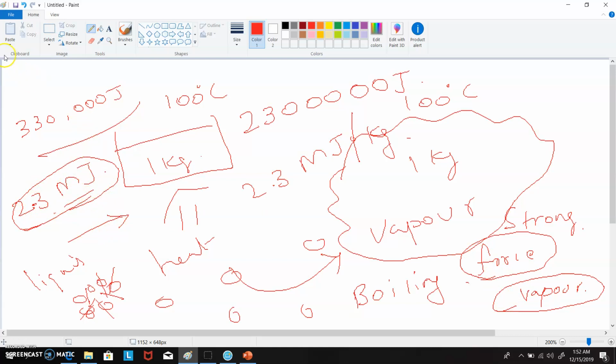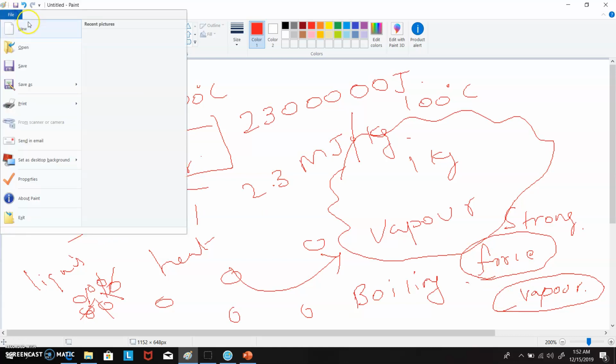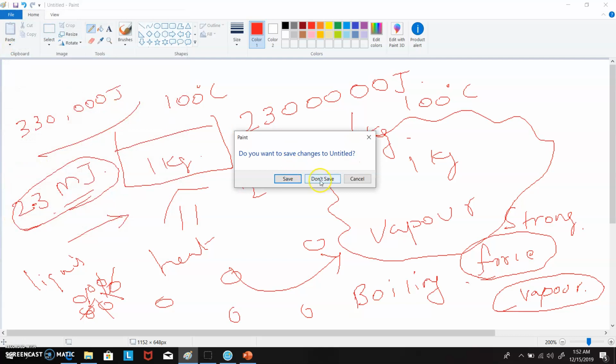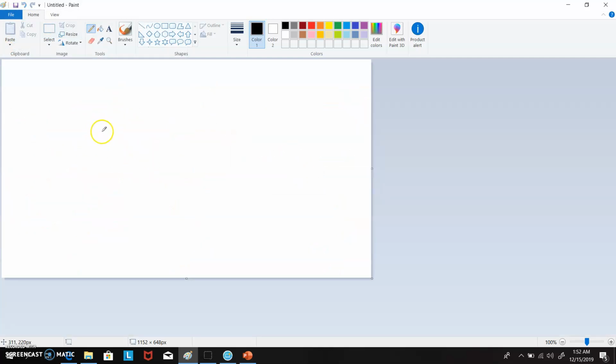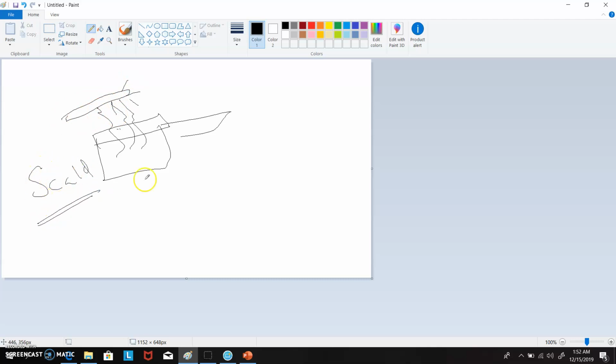It is the reason when we use steam. Now you have a pressure cooker, and if you open the pressure cooker, suddenly the vapor comes out. When you put your hand here, you feel very much pain. It scalds our hand.